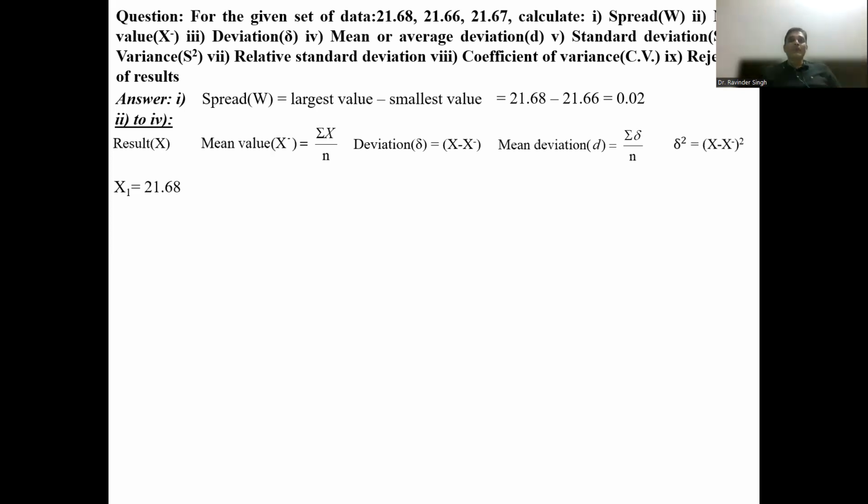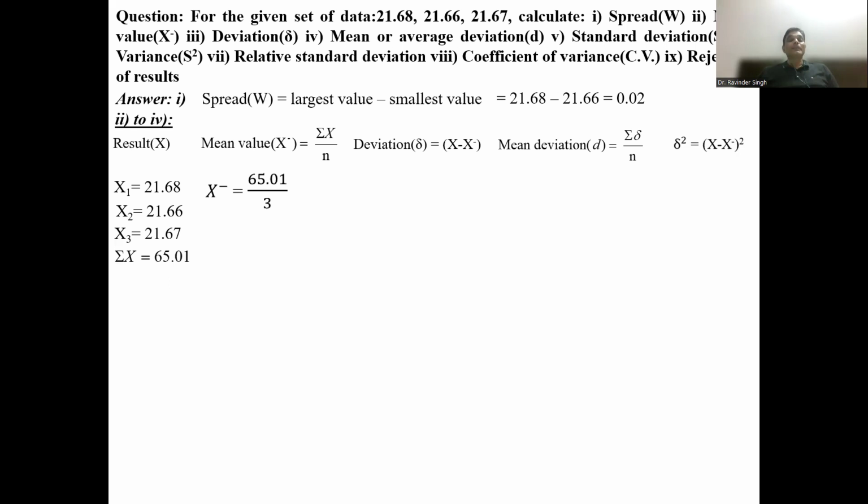सबसे पहले हम गिवन डाटा लिखते हैं, x1 21.68, x2 means second data 21.66, third data that is the 21.67. Now what will we do? We will take the sum of all these, 65.01, that is the sum of all these values. Now what will we do?